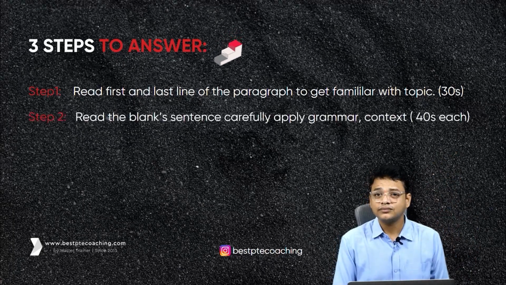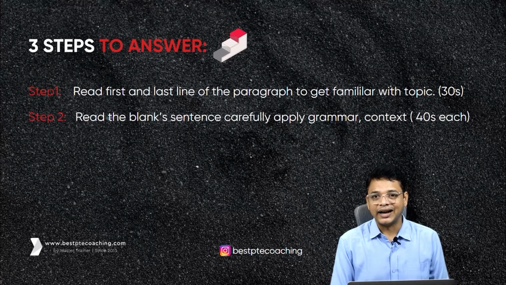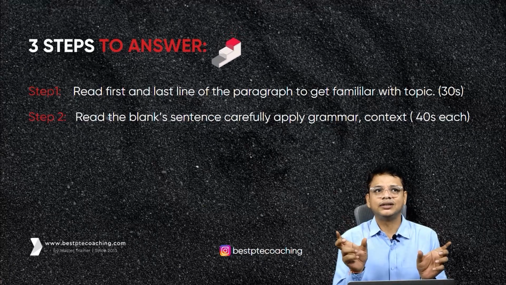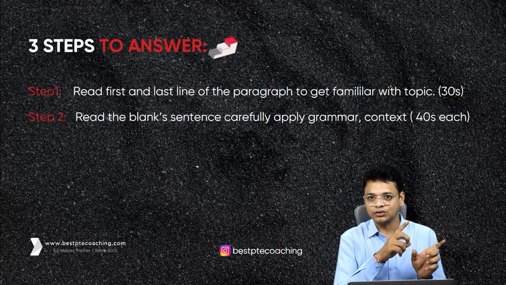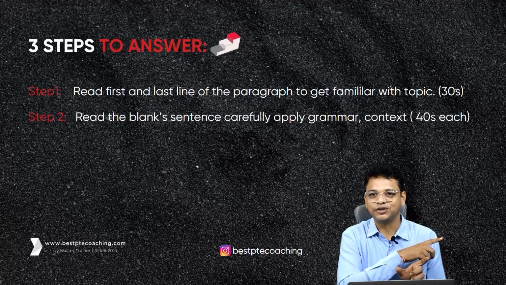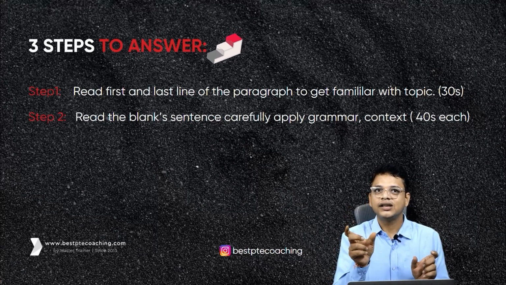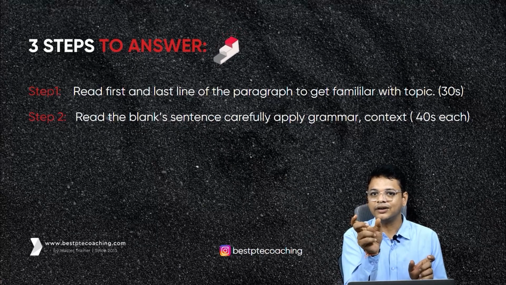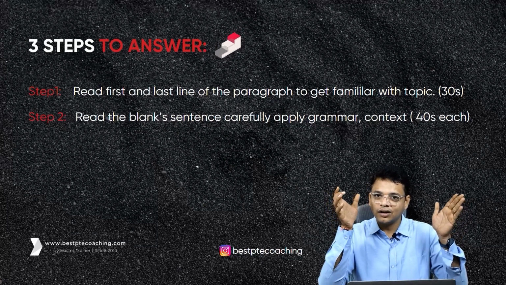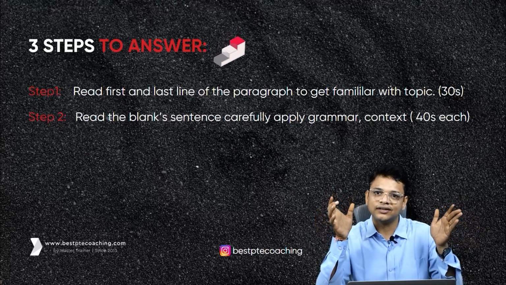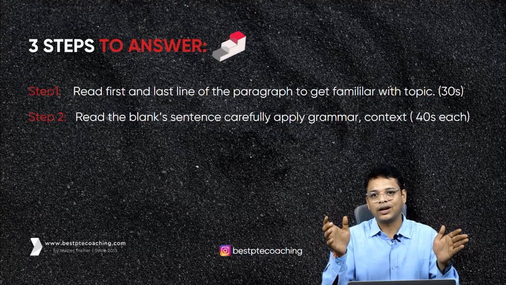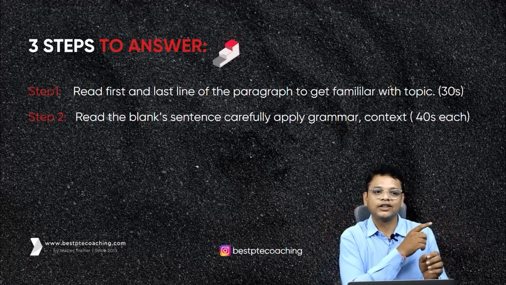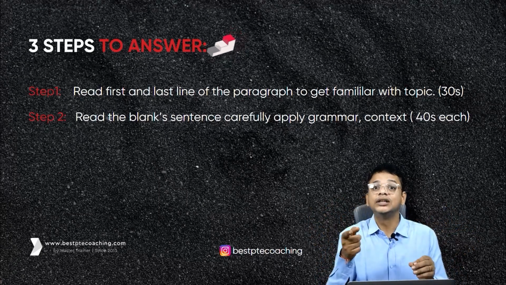Next, read the blanks sentence. I was telling you in the other video also, which is the reading fill in the blanks video. Any blank is nothing but a missing word or missing couple of words in a sentence, yes or no. If you understand the sentence in a good manner, you will be able to guess well based on the context. What is the context? What is the situation of the sentence?